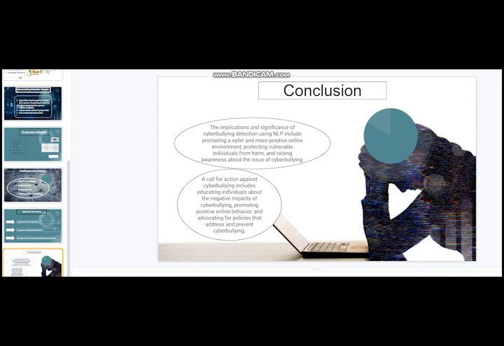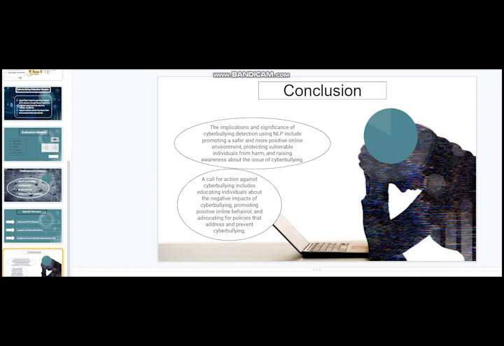Additionally, it can facilitate the development of effective intervention strategies and policies to address the issue of cyberbullying. This has important implications for mental health and well-being, particularly for young people who are most at risk of experiencing cyberbullying.